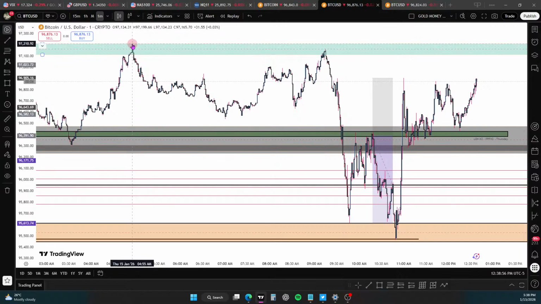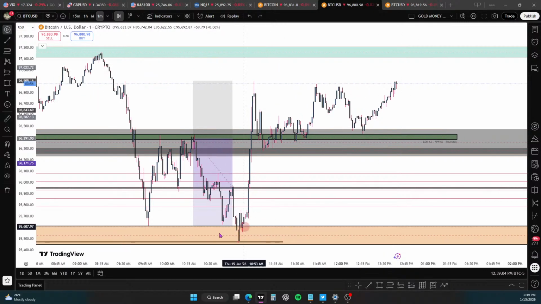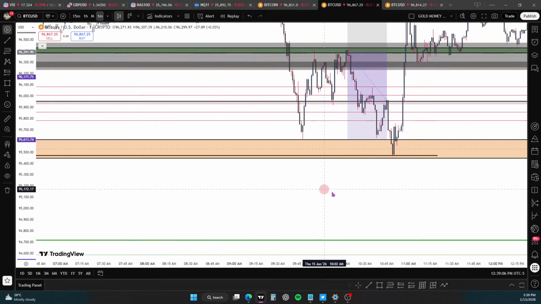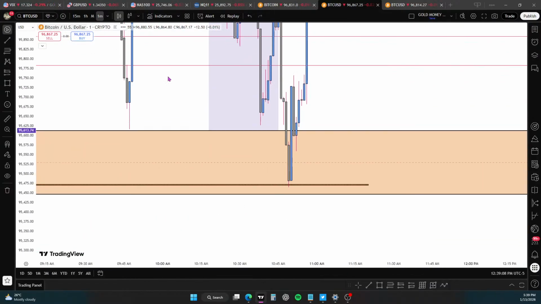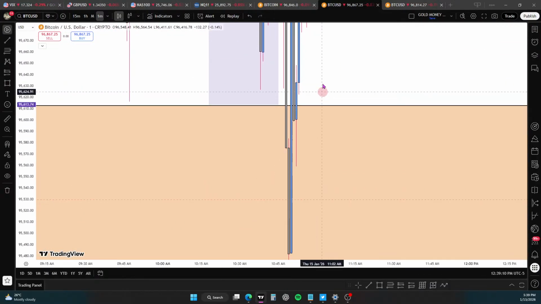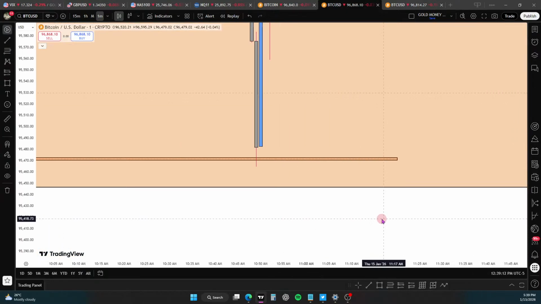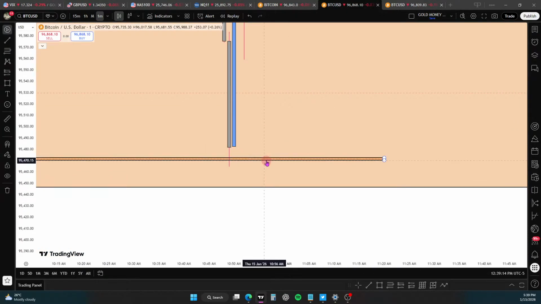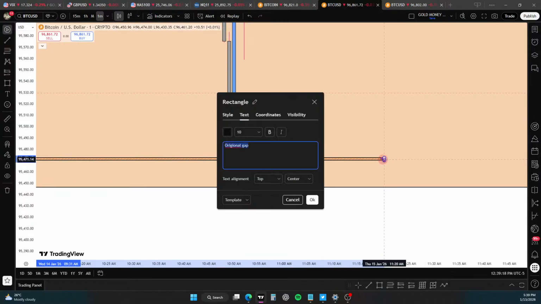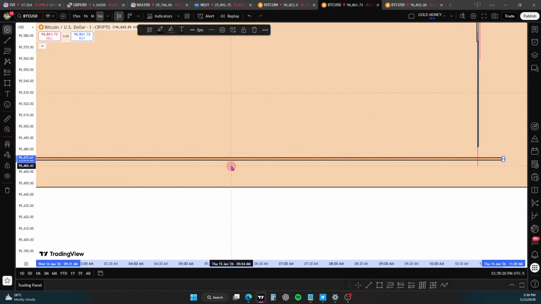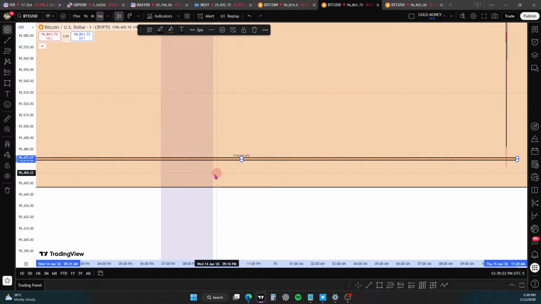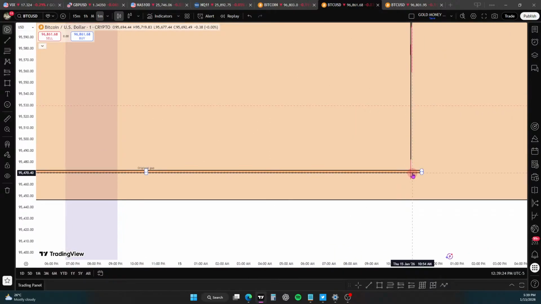So we failed to get outside, and then we go to the half of it. Failed to get inside, and then we failed to get outside. There was no consequent encroachment on this one. But if you had the original fair value gap that I was talking about at the start of the video, this zoomed in line, the original gap, got traded to.